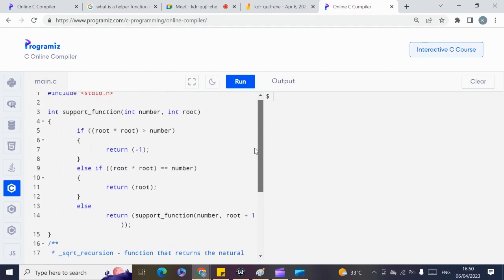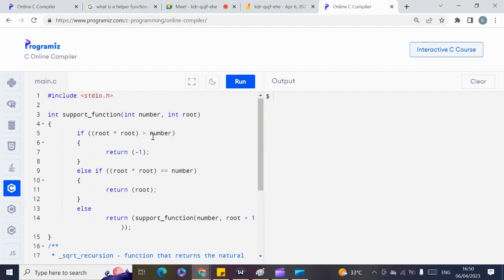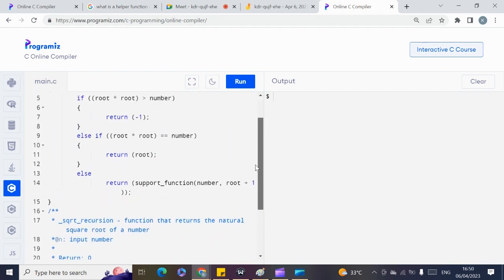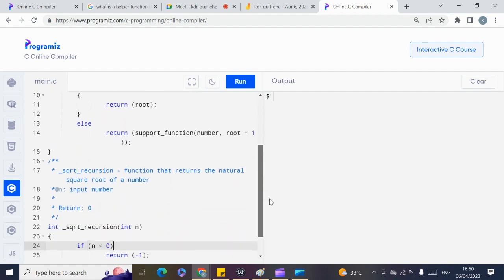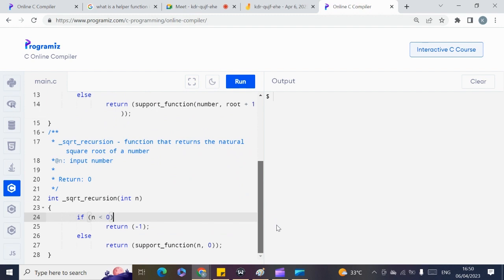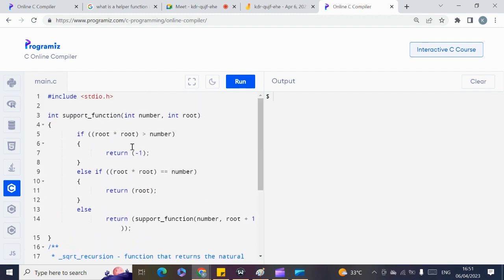Because it's the same. You could have even equally said that when root, by root, because this is actually number. So when number is less than 0, return minus 1. Or we could have equally added this one too, because they are all returning minus 1.